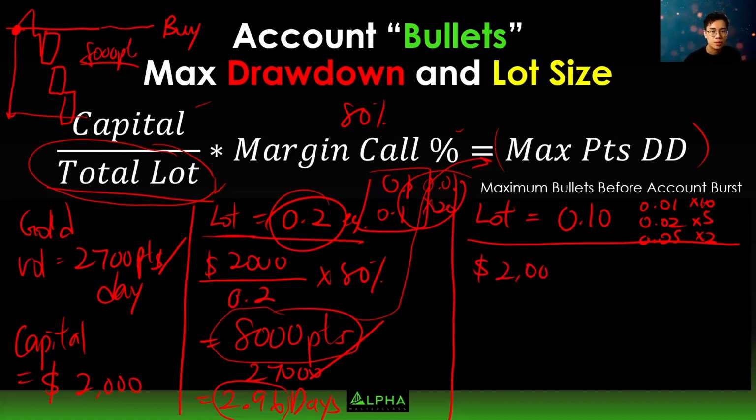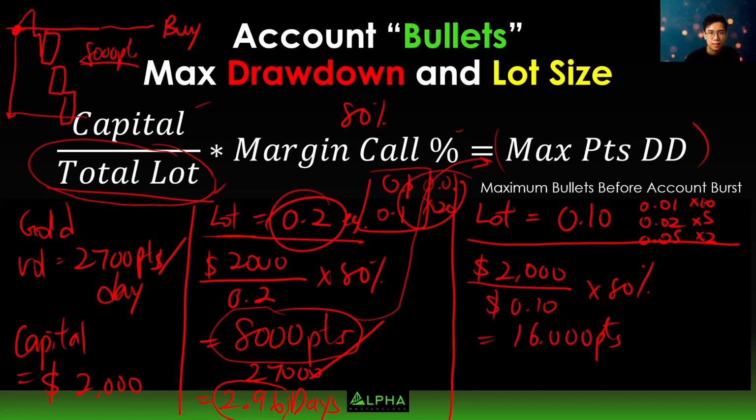Right now, you still have $2,000 and we set the maximum lot size to 0.1, times 80%. Because all the numbers are the same, here it becomes 16,000 points. And 16,000 points divided by 2007. 2007 comes from the daily volatility. We would like to calculate how long you can sustain with this lot size.